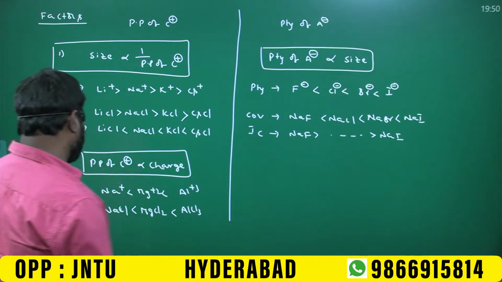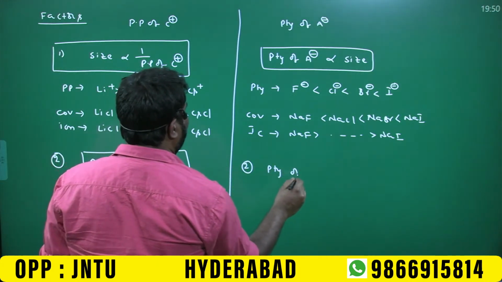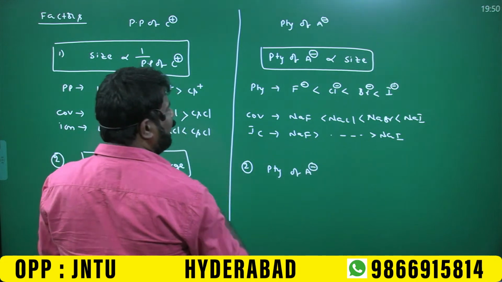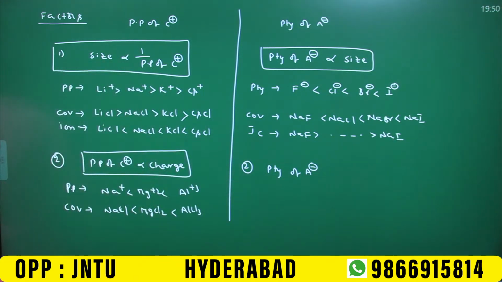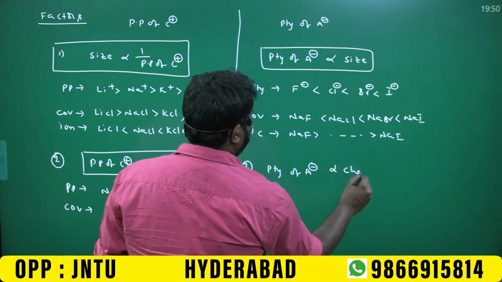Coming to the polarizability of the anion: as negative charge increases, size increases, and polarizability also increases. So it is also directly proportional to charge.